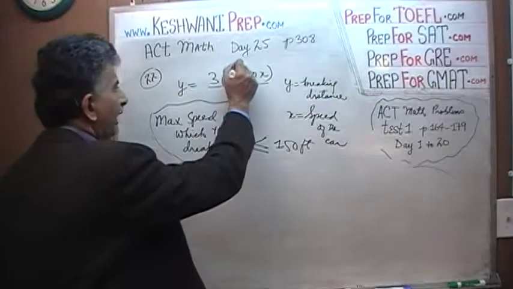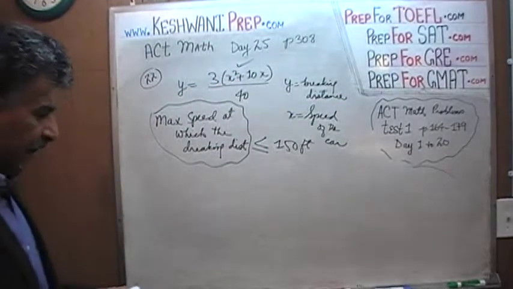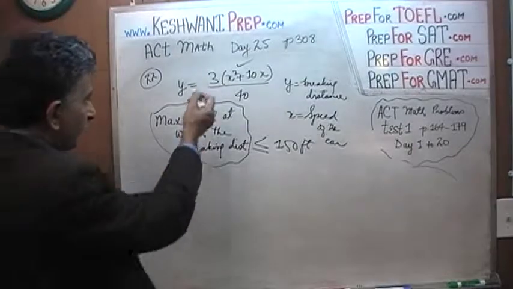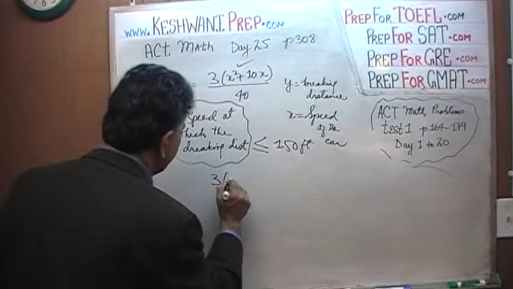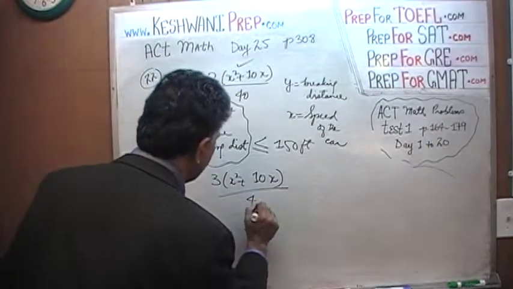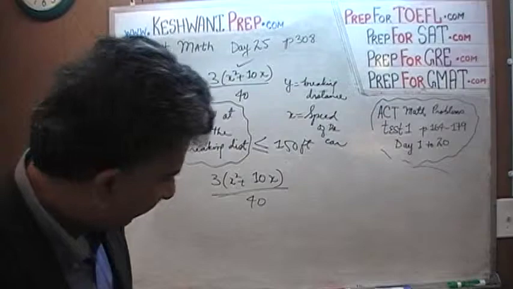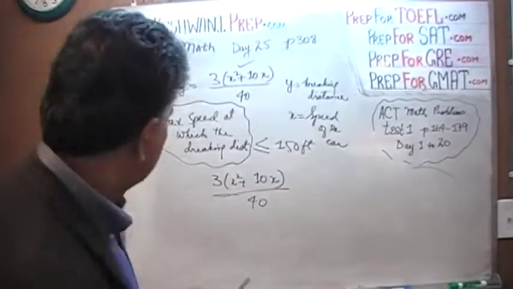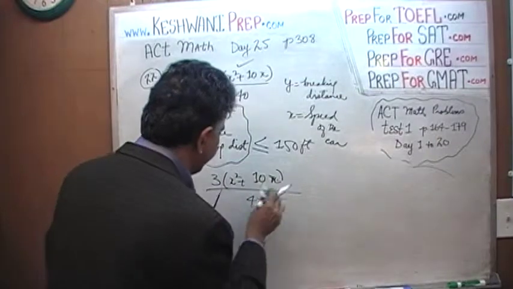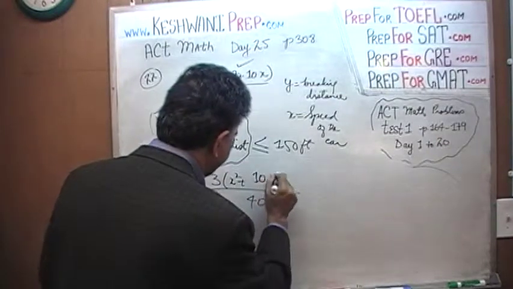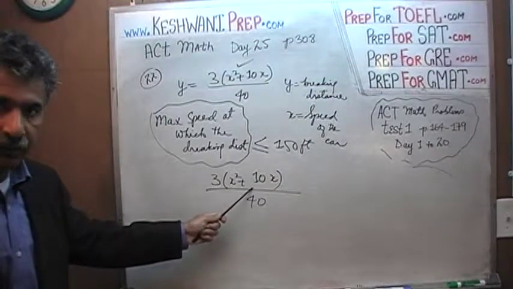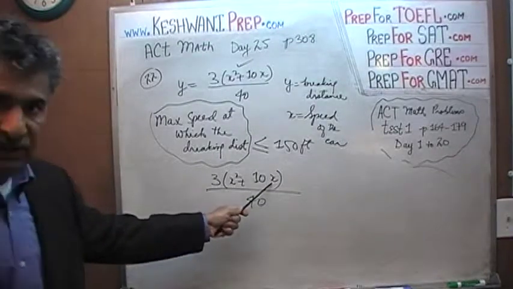Well, here's our model. The model, 3 times x squared plus 10x over 40, gives us the braking distance once we substitute the value for the speed, whatever the speed is.